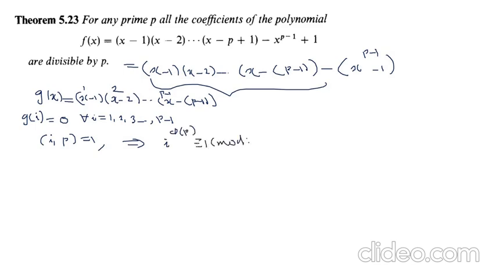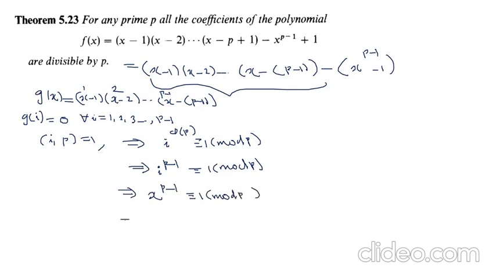We can use Euler-Fermat's theorem, that is, i raised to phi of p is nothing but i raised to p minus 1 congruent to 1 modulo p. So instead of i, we can put it as x, that is x power p minus 1 congruent to 1 mod p.